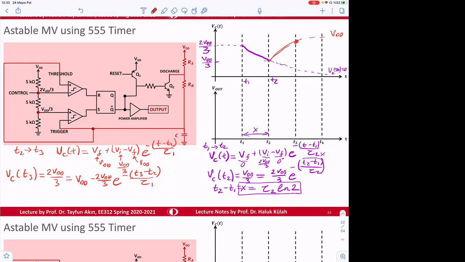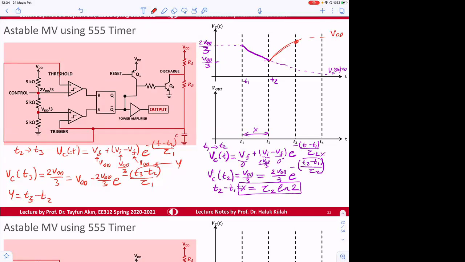And if you look at this, the output, interestingly, is again going to be a y value, which is equal to T3 minus T2.